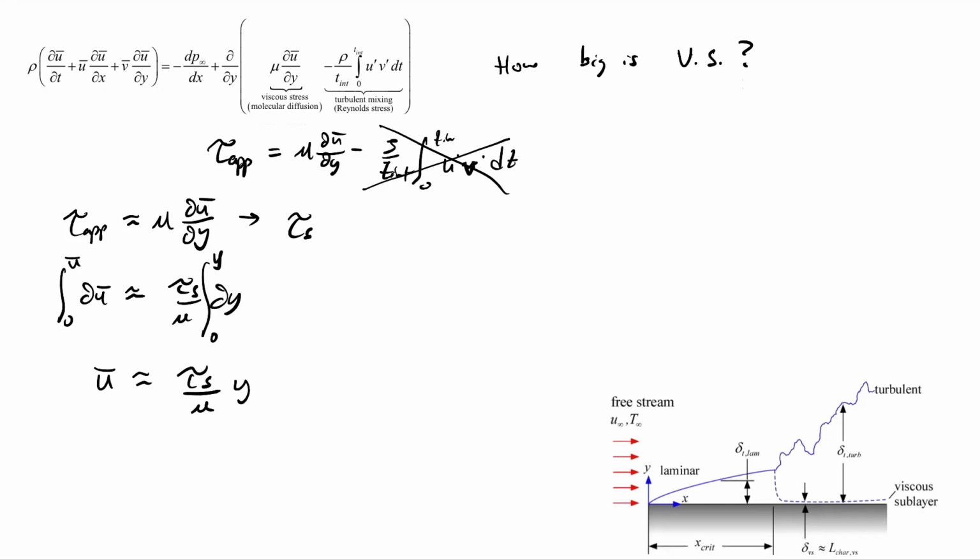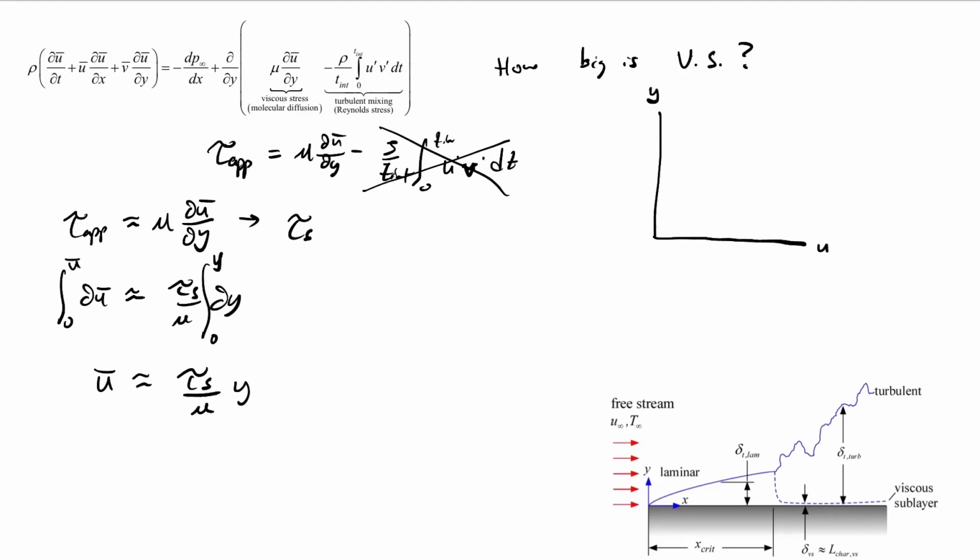So if we sketch this out, and this is y, and this is u bar, our velocity as a function of position y, we'd see that there's a linear relationship between these two things very close to the wall.